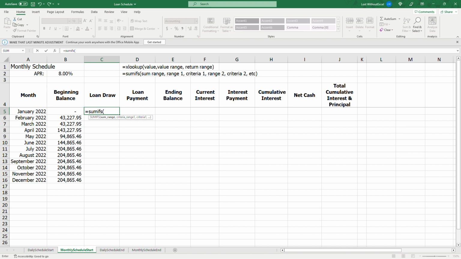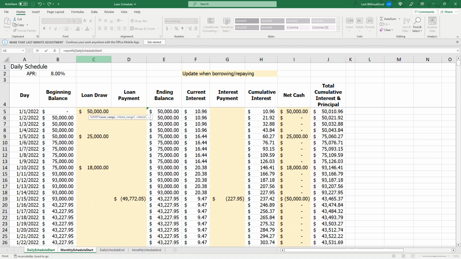The loan draws are going to be column C on the daily schedule. And what I want is to add up every example of column C where column A is January. So I want column A to capture all of January.